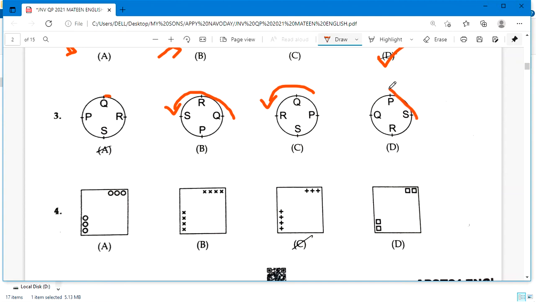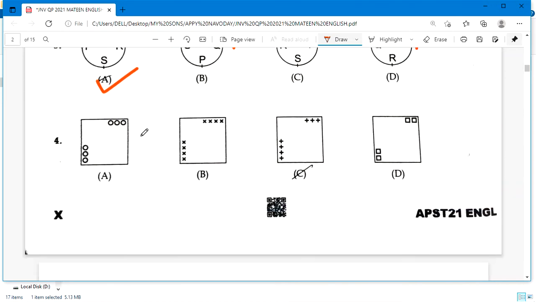Next it moves a further 90 degrees, then came to this side. So in these circles, all the letters are moving 90 degrees anti-clockwise, but in this figure the letters don't move. That's why this figure is the right answer.